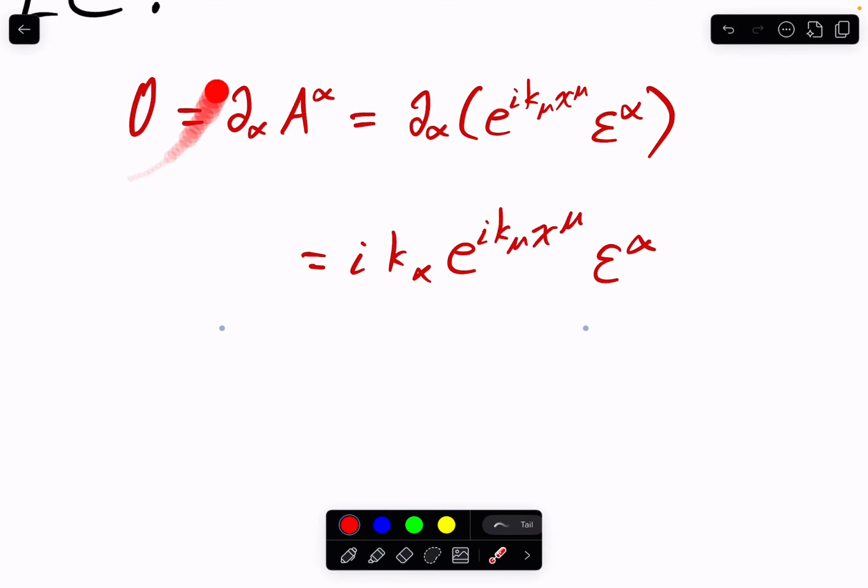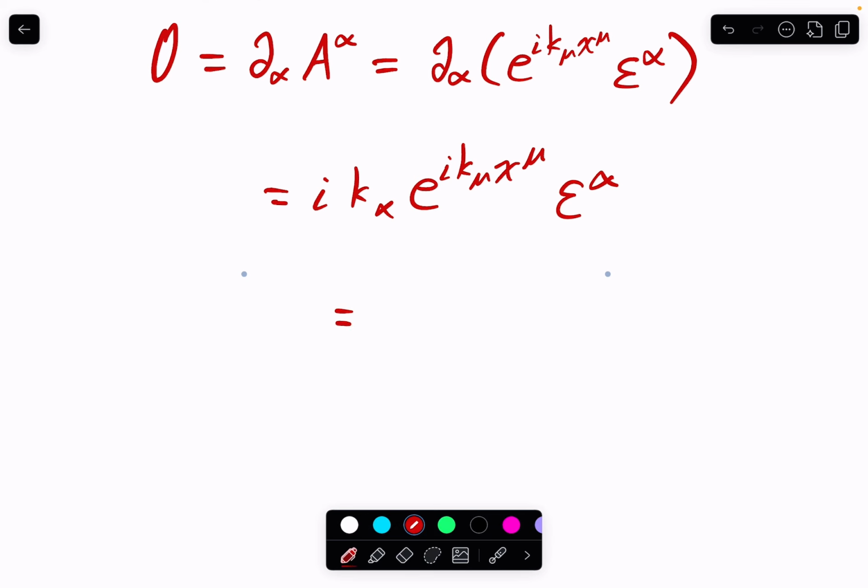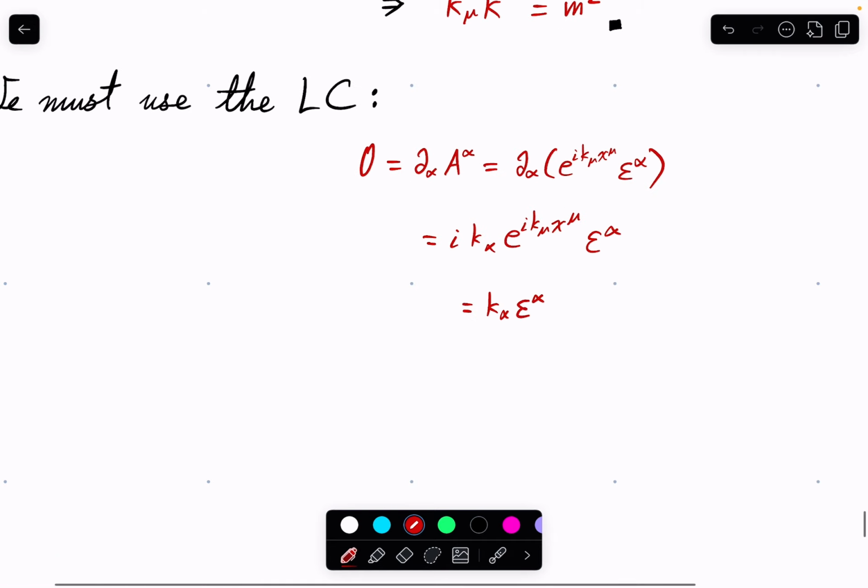Now, because this whole equation here is equal to 0, this is constant, this is constant. These mu's are constant because they don't interact with these alphas. And this i is also a constant because it's, by definition, a constant. So we can divide out by these, and we just end up with k alpha epsilon alpha. Otherwise, the inner product between the polarization basis vector and the wave vector.